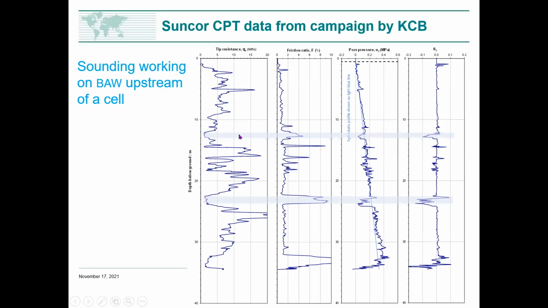Let me just show you what some of this data looks like. This is a sounding in Suncor, and it's from a campaign by KCB, Klohn Crippen Berger, and this was, I believe, done in 2011. So he's desperately looking for a date on the slide, and this is from a beach above water, upstream of a cell, and this is a fairly typical thing.